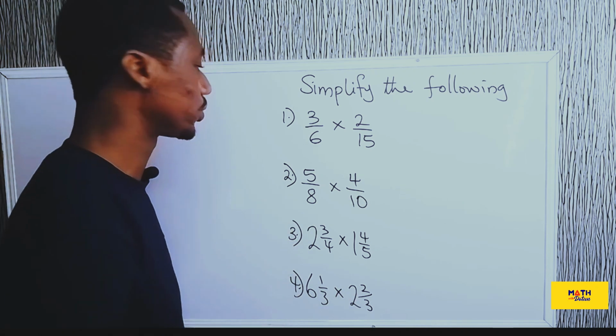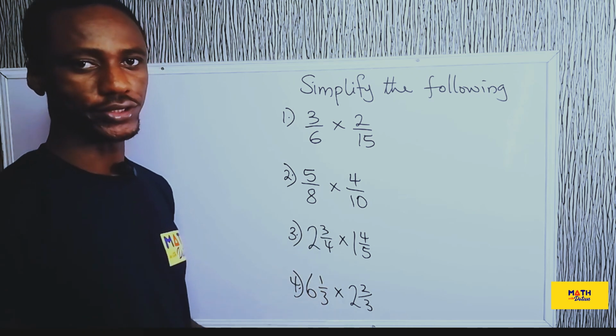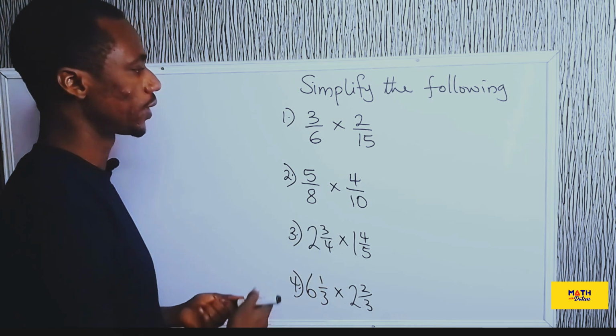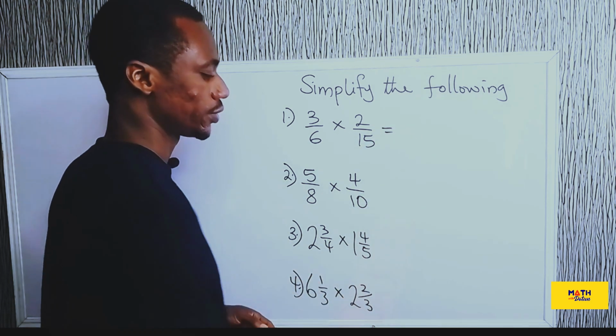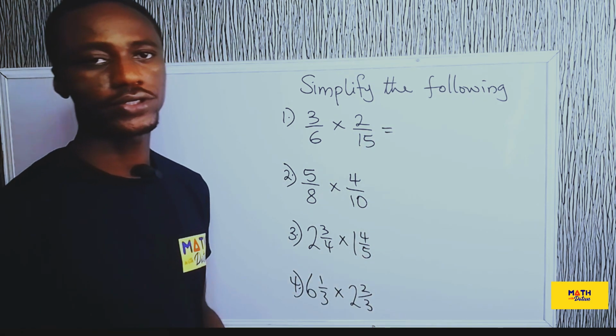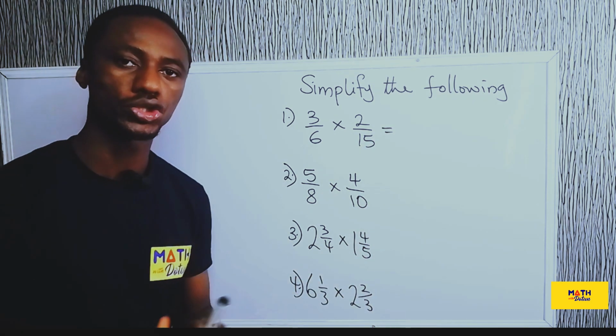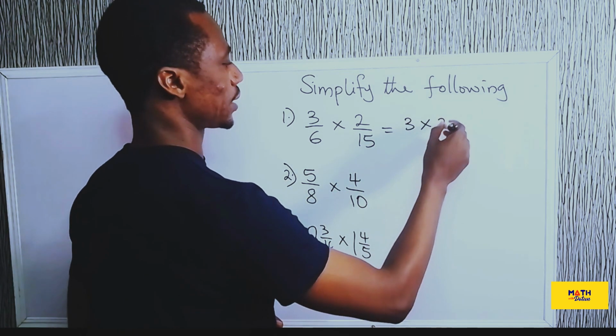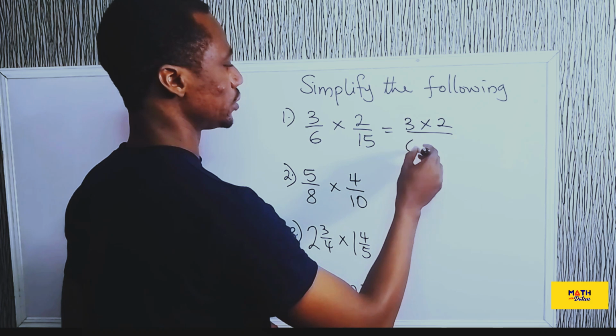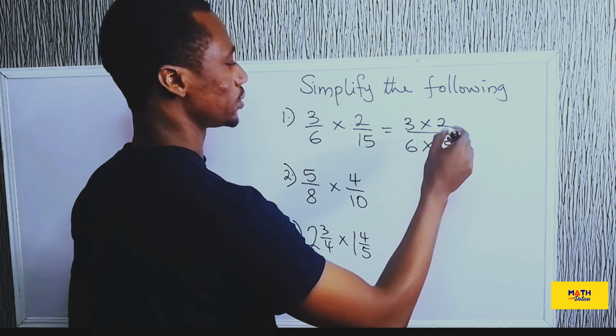Simplify the following. So we have multiplication of fractions, a product of fractions. First, how do you multiply fractions? Fractions are multiplied straight away. That means numerator multiplies numerator, and denominator multiplies denominator.